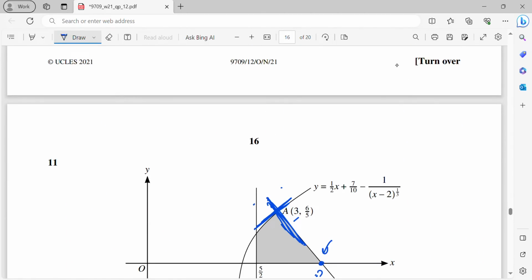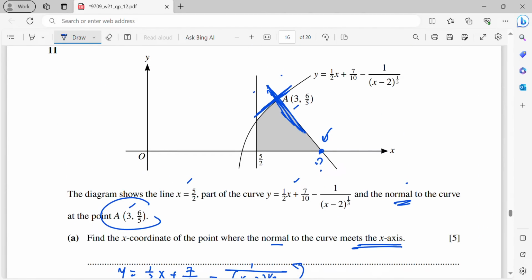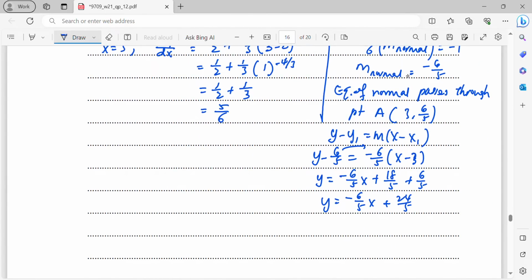And now I need to find when y equals 0, what is the x? When the normal line meets the x-axis, that means y equals 0.